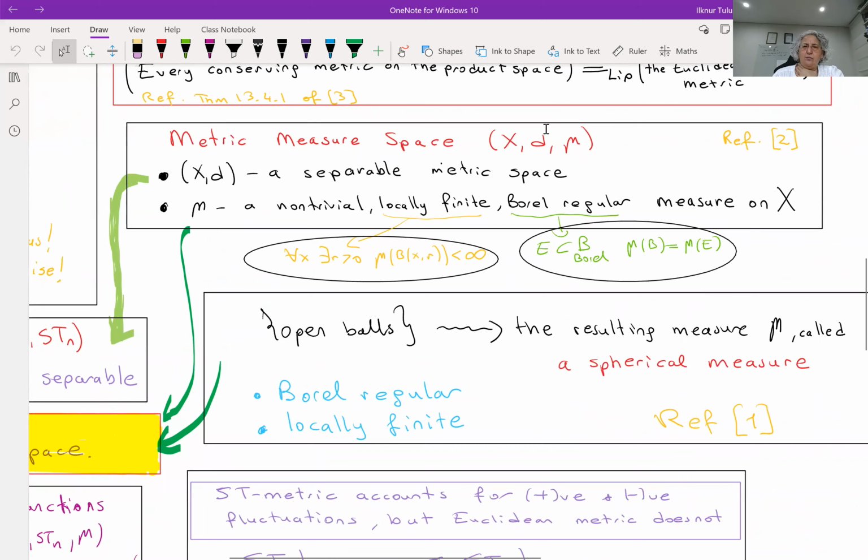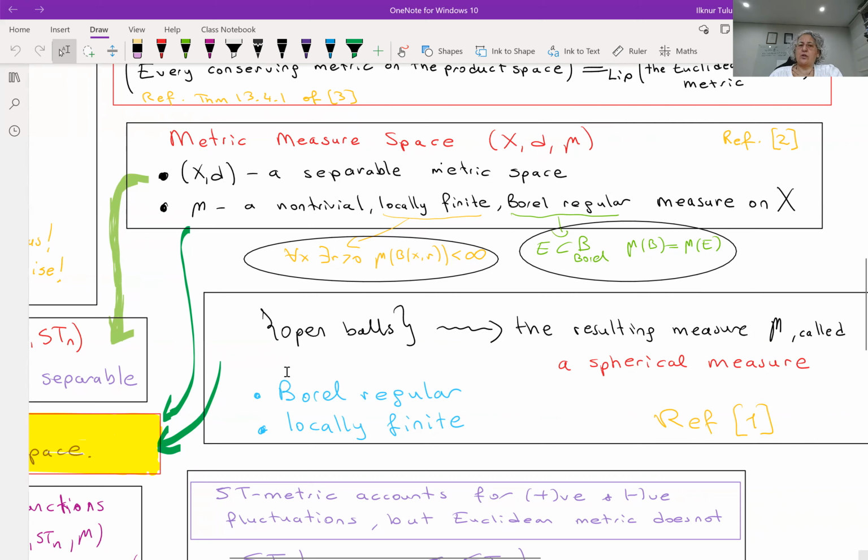So if I take mu as the measure defined on the open balls, then this is from the book of Federer on geometric measure theory. That's where the definition is coming from. If we define the measures on the open balls, we obtain a spherical measure.